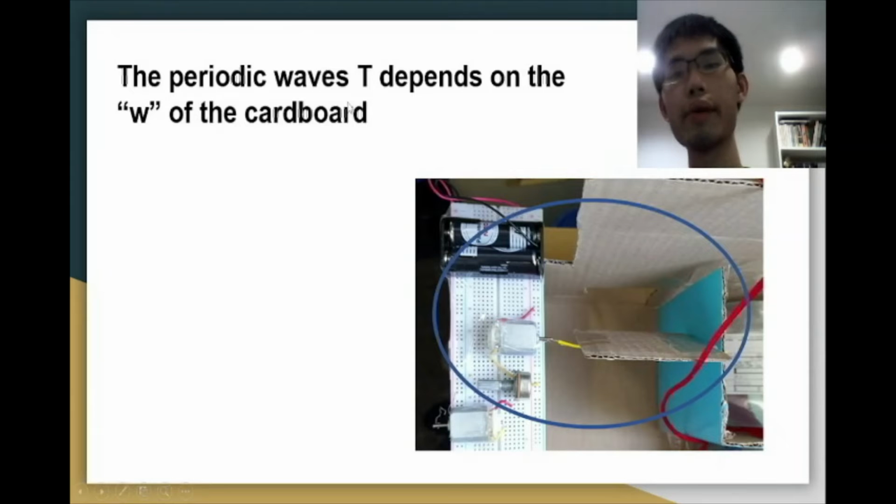Our periodic wave's period actually depends on the omega of the cardboard. So the rotation speed of the cardboard does matter, and a change of the rotation speed could change the intervals of the times we measure.